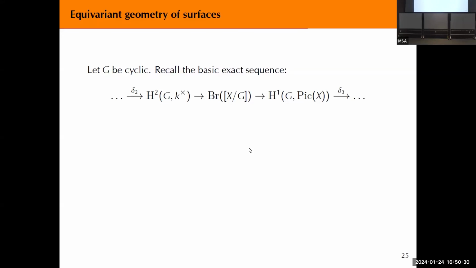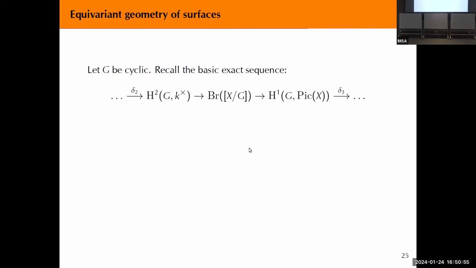Okay, so let's continue with cyclic groups. For cyclic groups acting on rational varieties, you always have a fixed point. So in particular, delta 2 and delta 3 are always 0. But from the table I showed you, actually H2 GK star is also 0.